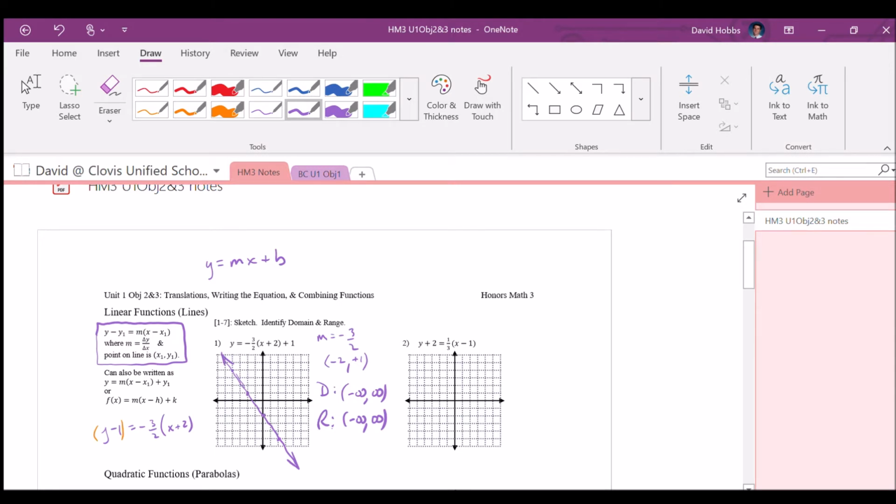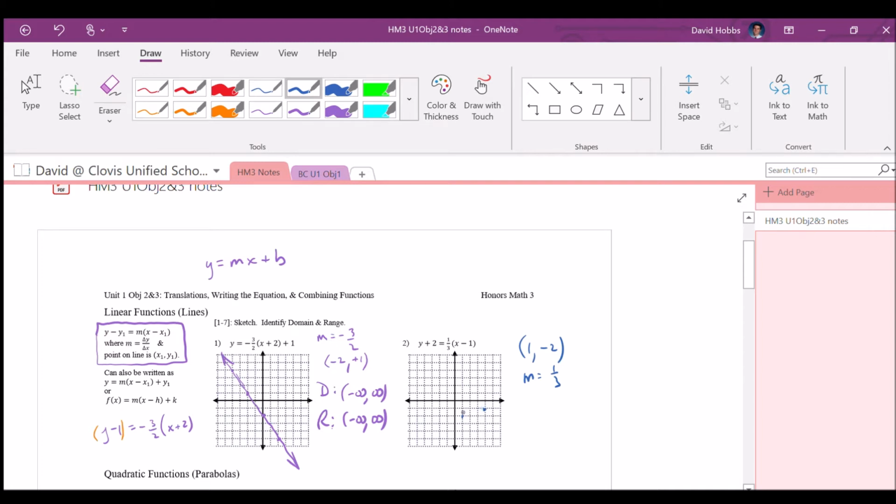Okay, well, let's pick up speed here now on number 2. So number 2, our point is 1, comma -2, and our slope is 1/3. Okay, so 1, -2. And the slope is 1/3, so up 1 over 3.